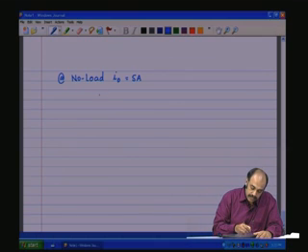The primary is connected to Eg, which is 230 volts, 50 hertz.